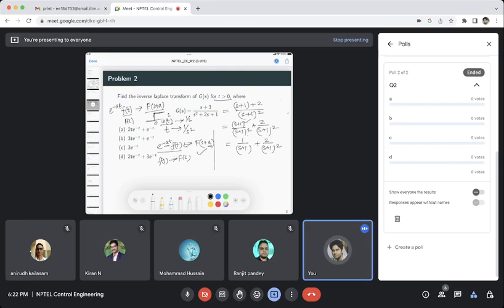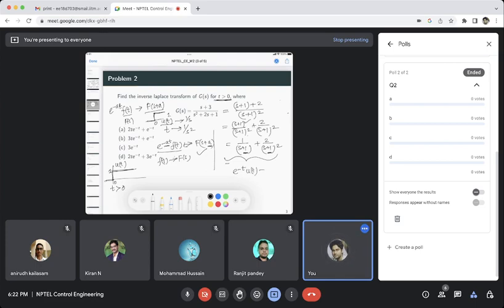Using that property, here you see the shifting is by 1, so it will be multiplied by e to the power minus t only. Writing the inverse Laplace of this expression, the first term will be e to the power minus t. The second one you can multiply by u of t, the unit step function, but because it is given for t greater than or equal to 0, u of t is 1, so even if you write it, it is just 1.